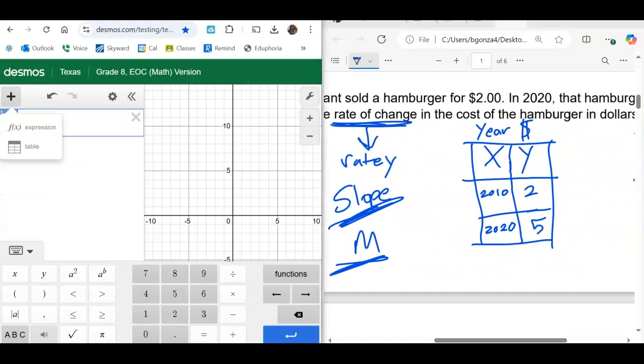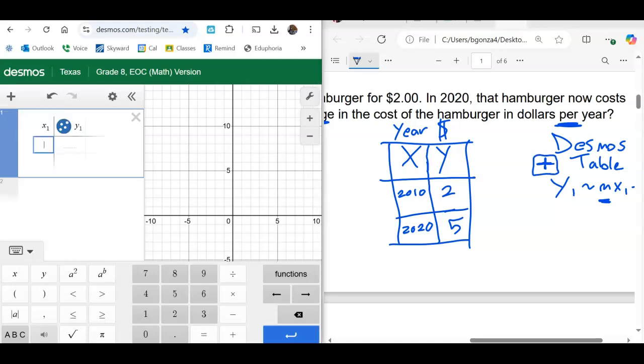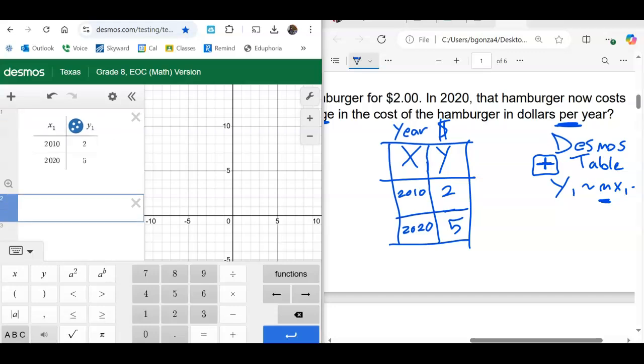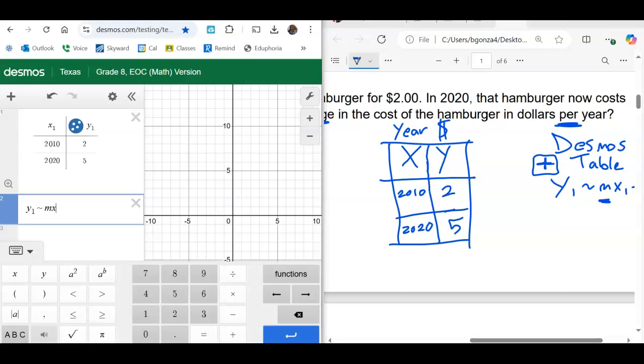There we go, plus sign. You do the plus sign and then the table, right? All right, so table, we're doing 2010, that was $2, and then 2020, that is $5. And remember, we're typing y1 squiggle m x1 plus b.